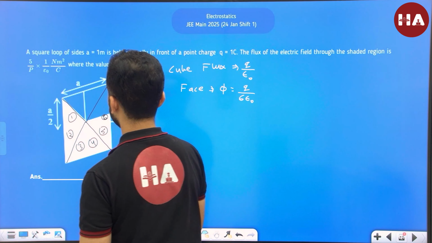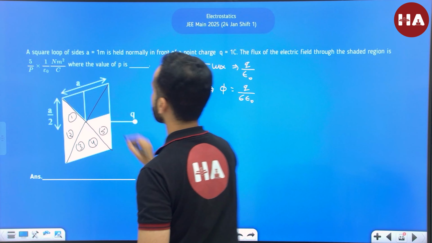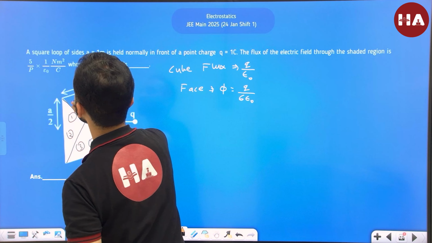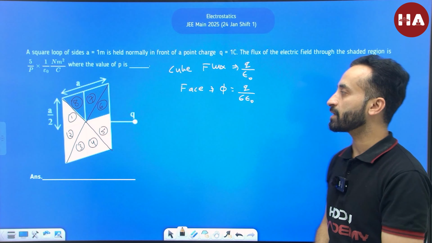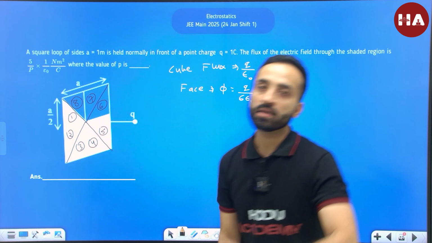Okay, so what am I doing here? I am just dividing this in 8 parts, right? 6, 7 and 8. So what I have done is equally I have divided this in 8 parts, and out of these 8, this 1, 2 and 3 is not shaded.